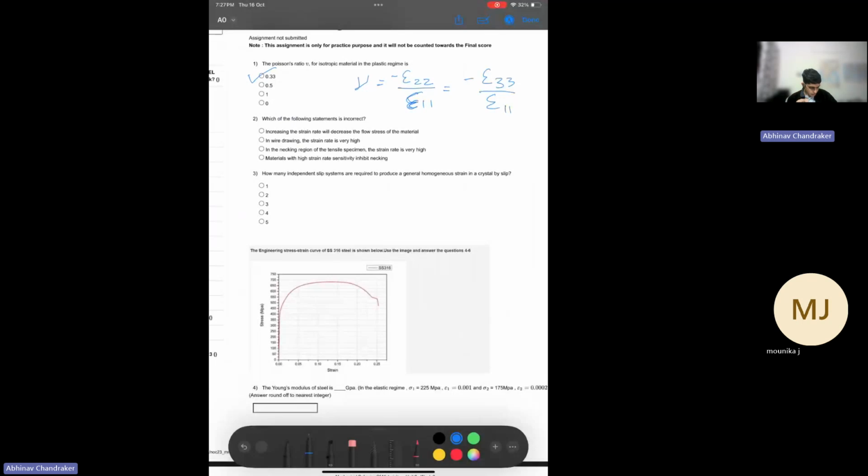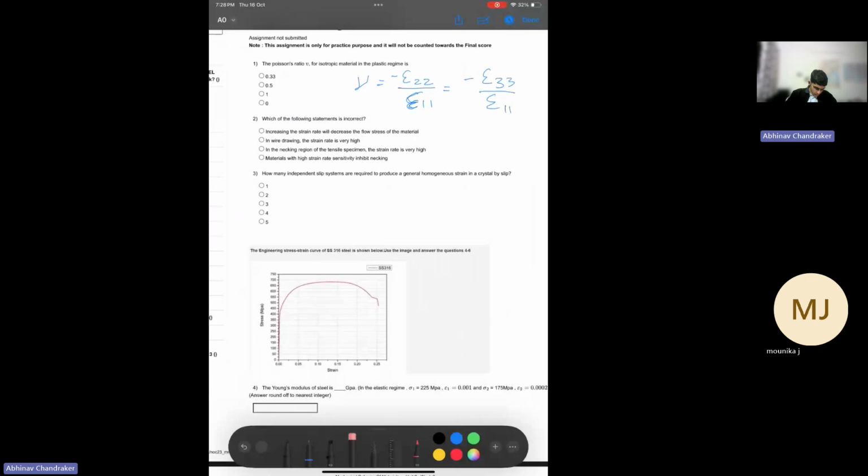Wait, is this correct? Poisson's ratio mu for isotropic material is, let me just check once. For isotropic materials, it will not be 0.33.